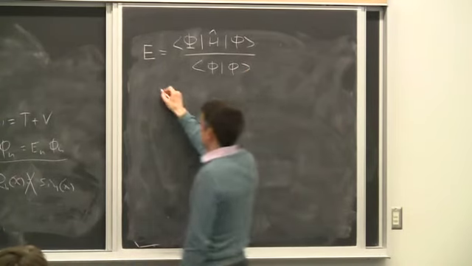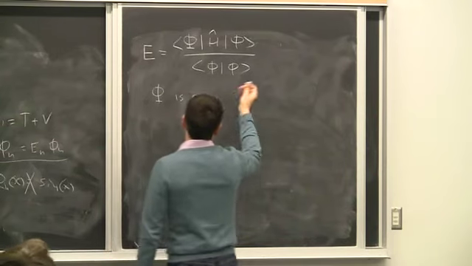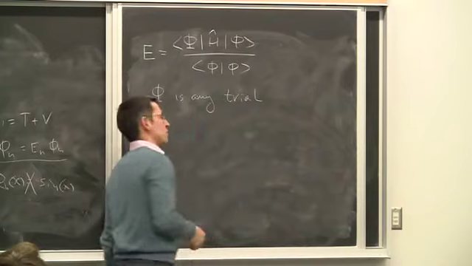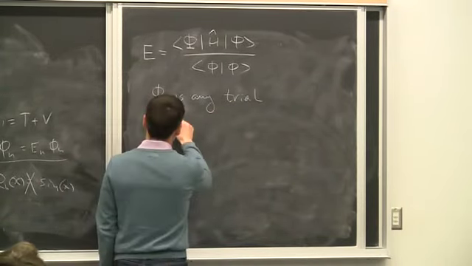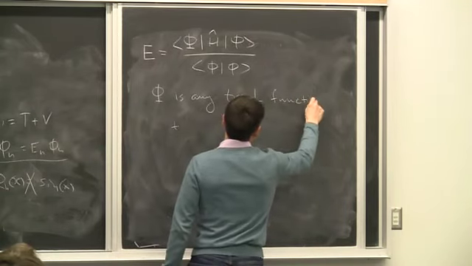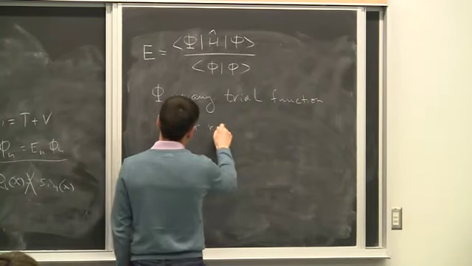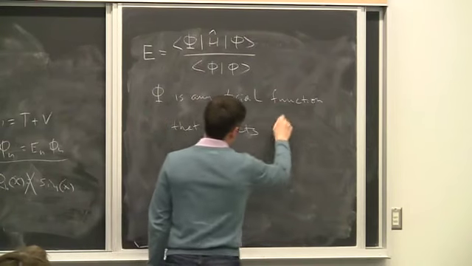Here phi is any trial function, it's called a trial function. You can substitute trial by random, anything you want to put there, any trial function that respects boundary conditions.